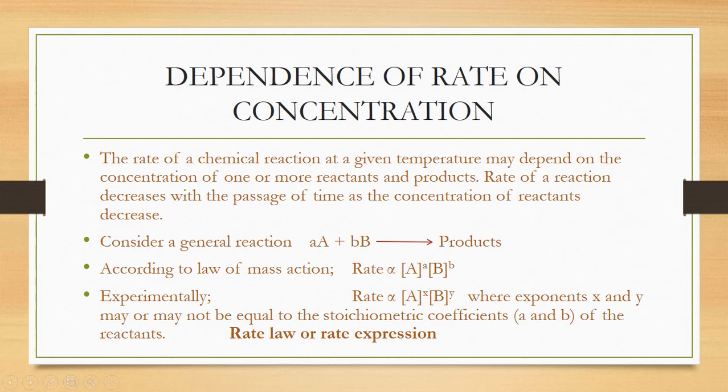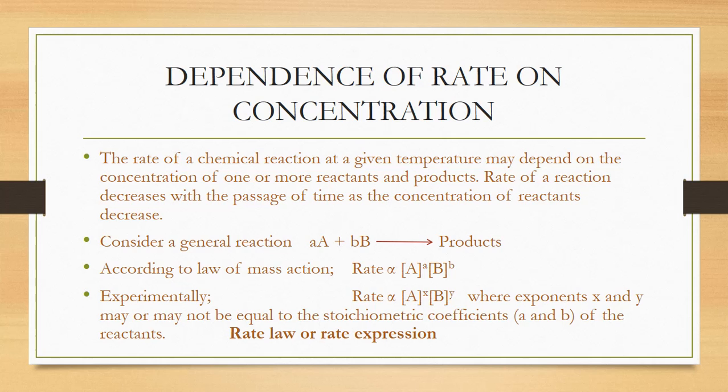The rate of a chemical reaction at a given temperature may depend upon the concentration of one or more reactants and products. Rate of a reaction decreases with passage of time as the concentration of reactants decreases.